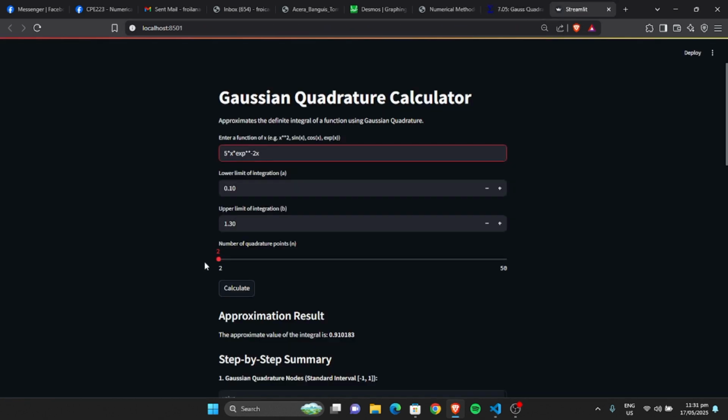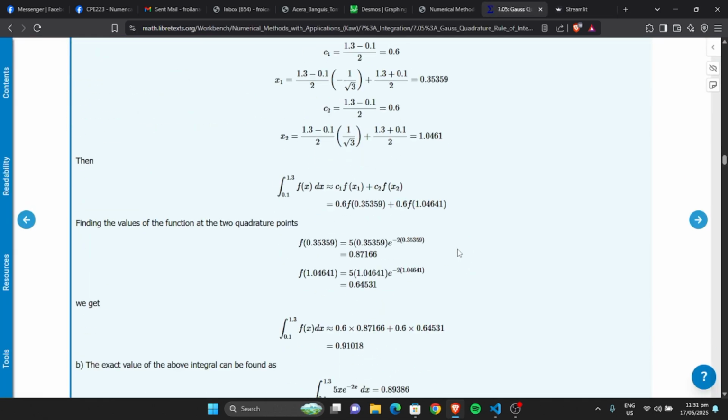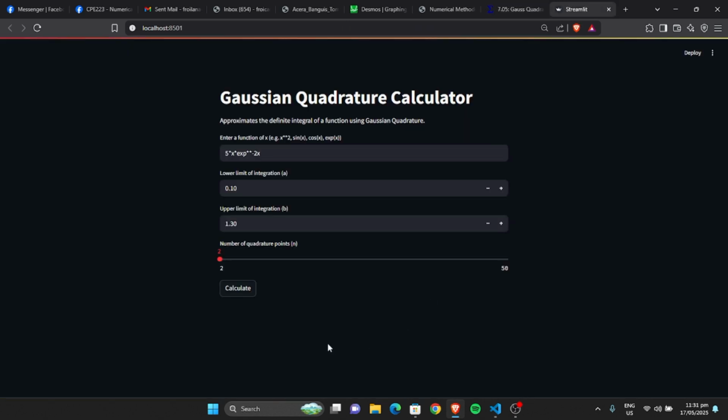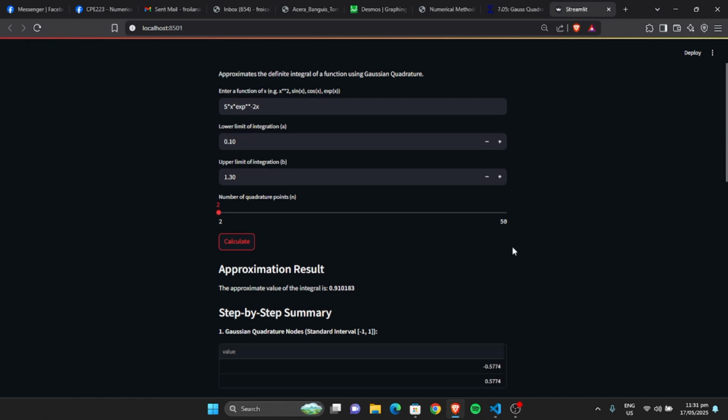So we have to use 2 as the number of quadrature points, or n. So if we use calculate, we are expected to see the approximation 0.9101018. If we hit calculate, we can see the approximate value is still 0.910183.